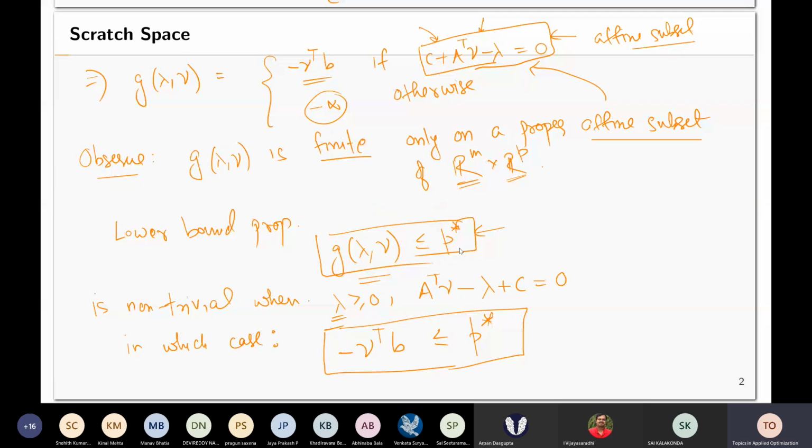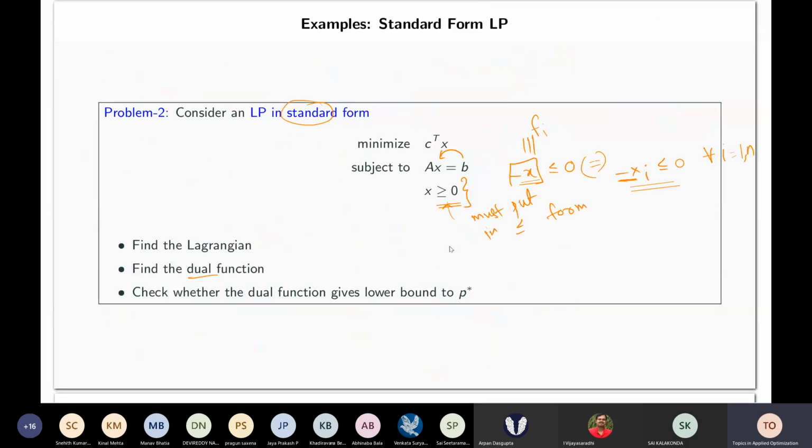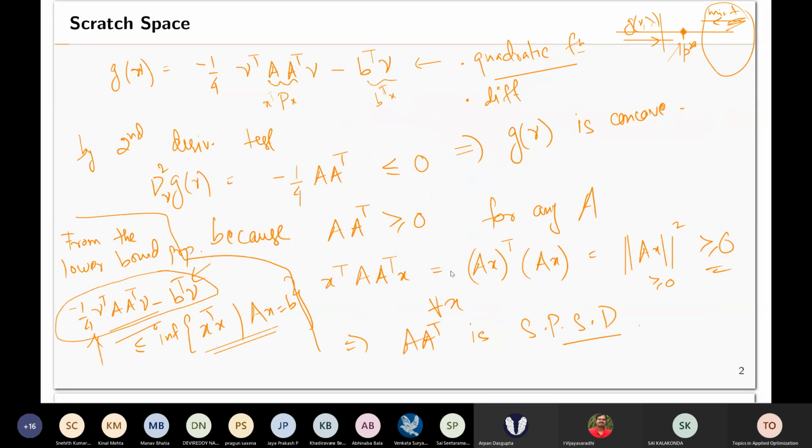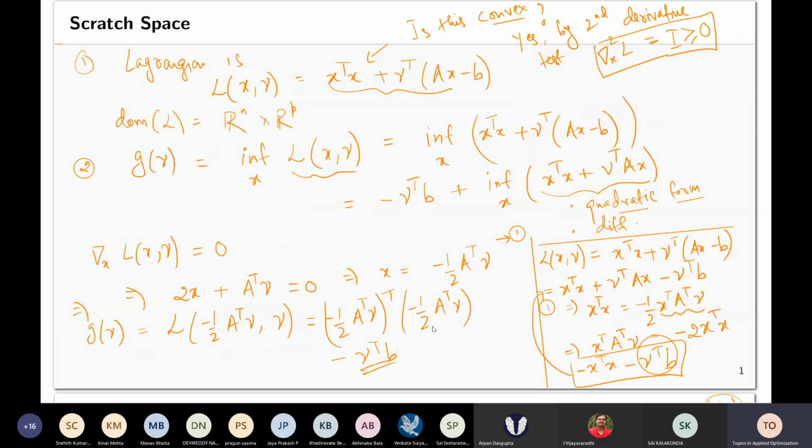This is the lower bound property for this problem. In the previous case, the lower bound was minus nu transpose b, because that was only dependent on nu.